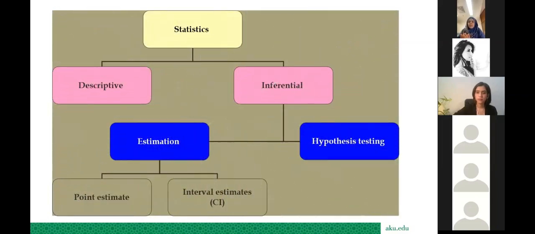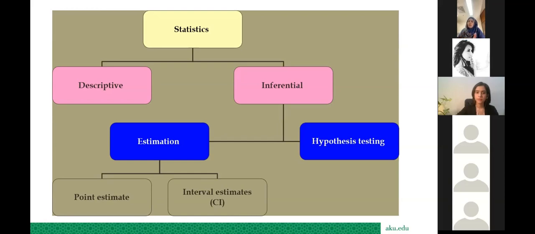When we talk about statistics, there are basically two types. One type of data that we usually present is descriptive, and the other is inferential. Today, we'll be talking more about descriptive data and how to display it. Inferential is drawing conclusions on the descriptive data that you have collected, and it is subdivided into estimation and hypothesis testing.